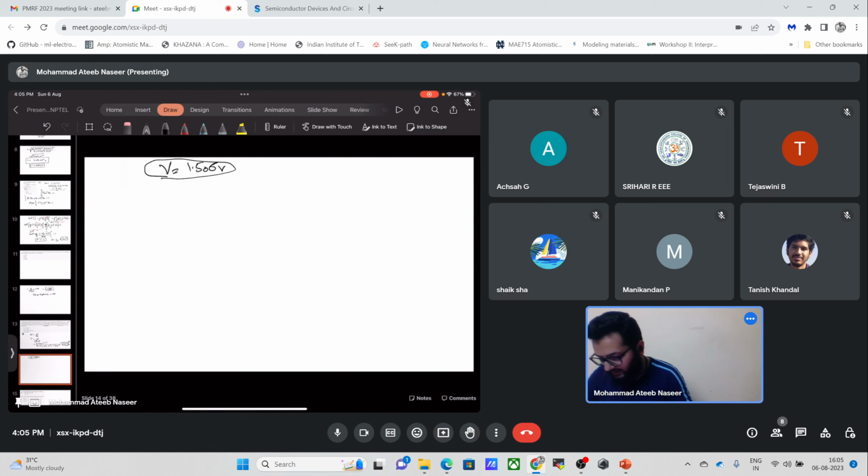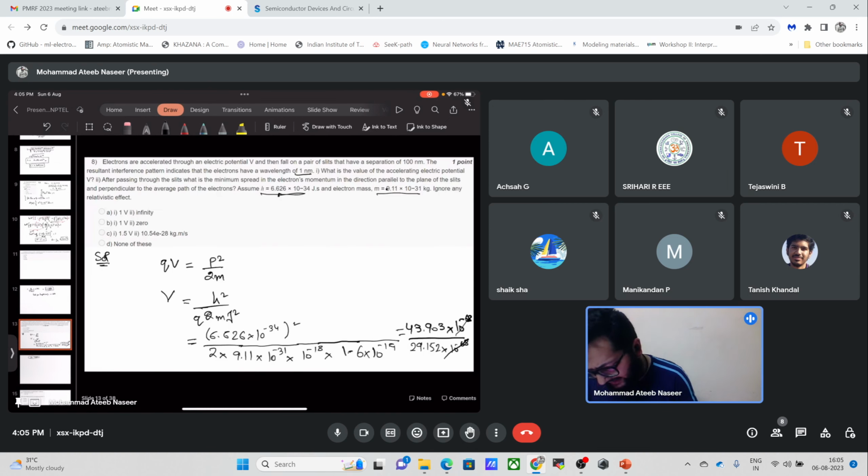So it means that option C might be the correct option. Option C. But for that we have to check this. What we can say, after passing through the slits, what is the minimum spread?